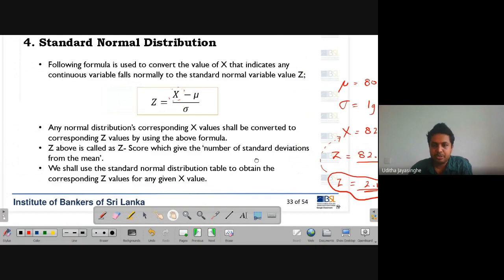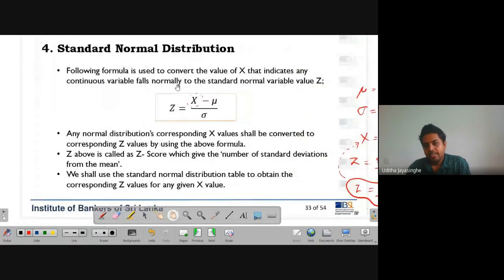Okay, let me take you through the notes. This formula can be used to convert the value of X, which indicates any continuous variable that falls normally, to the standard normal variable Z. So we are assuming it is a continuous variable and it is going to fall within the bell-shaped curve. Any normal distribution's corresponding X value can be converted to the corresponding Z value using this formula.